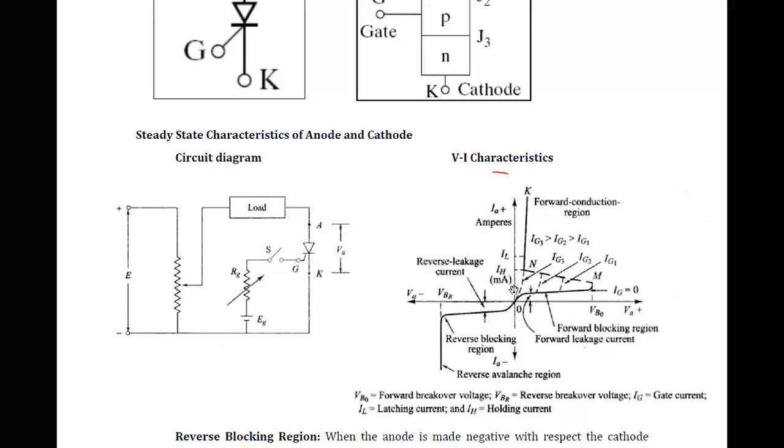The minimum gate current required to hold the current of SCR in the forward conduction region or in the on state. Another definition is the minimum gate current required to turn on the SCR. If the current is not minimum, then what will happen? Your SCR will be in the forward conduction region.